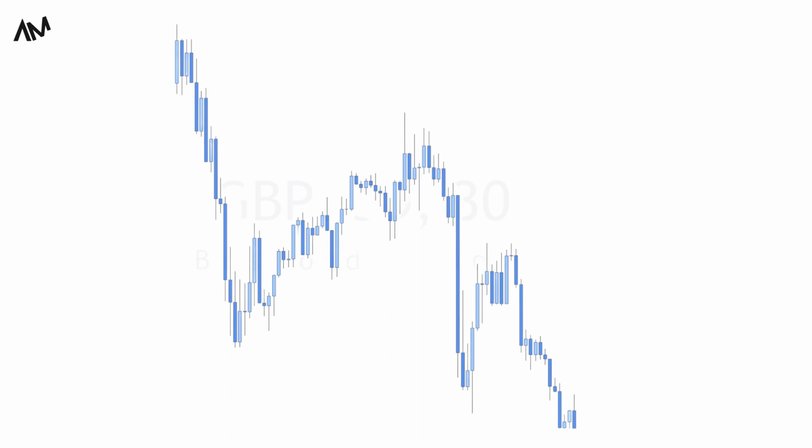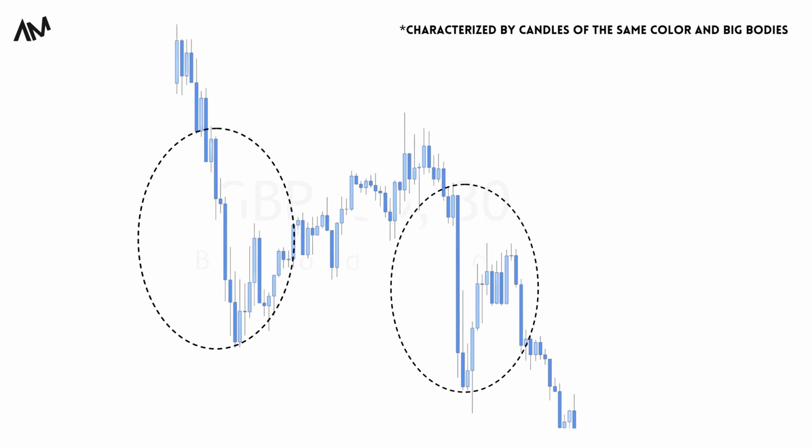Impulsive waves often push the price to a greater distance with momentum, characterized by candles of the same color and big bodies. On the contrary, retracements represent a form of indecision on the chart, featuring candles with combined colors, small bodies, and sideways wicks. Identifying the end of a pullback and the start of an impulsive move can be highly profitable, as it allows us to capitalize on potential buying or selling opportunities in the market.